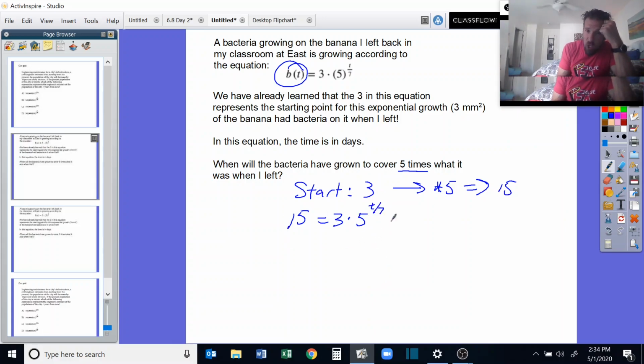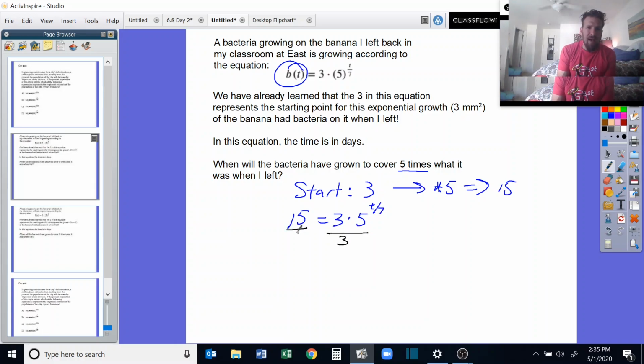And now I'm going to solve this equation to answer the question of, when will it be 5 times as much as when it started, 5 times the start. Now, the first thing that we learned how to do when we're solving these exponential equations, we know that we're going to be using a logarithm, but we first have to get this exponential part by itself.